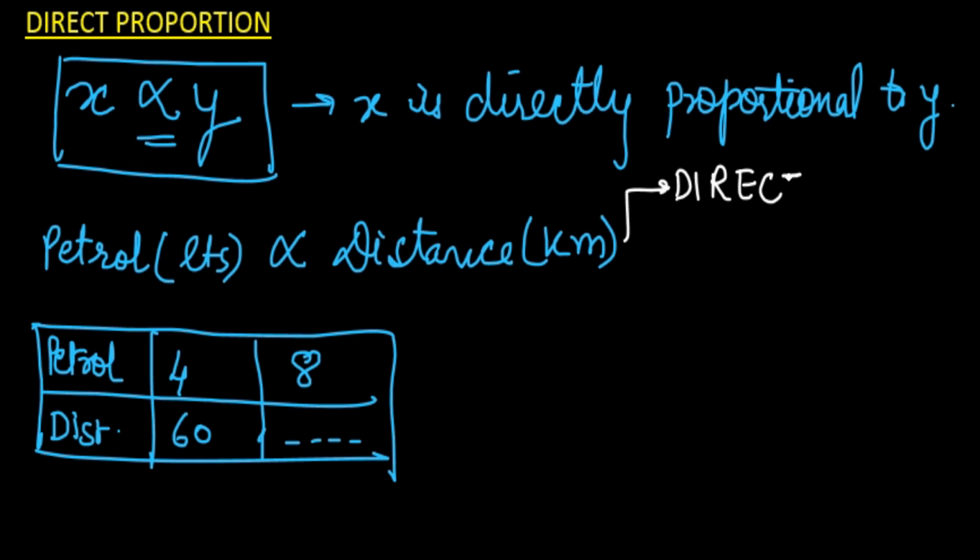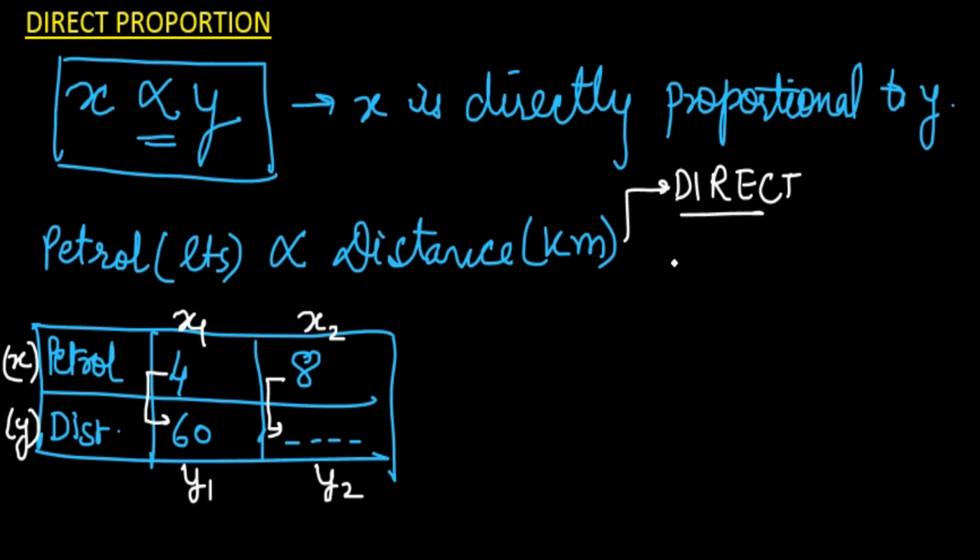we know that in direct proportion this ratio is constant. If petrol is quantity x and distance is quantity y, then these are the instances of the quantity x as x1 and x2, and the corresponding instances of distance covered are y1 and y2. So x1 upon y1 is a constant and it should be the same as x2 upon y2.